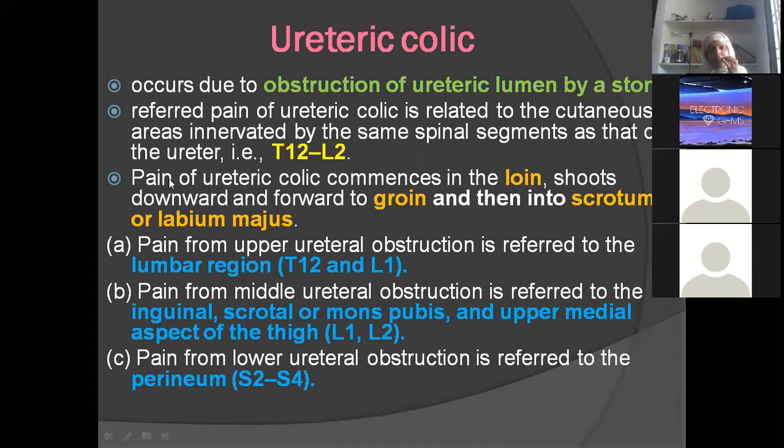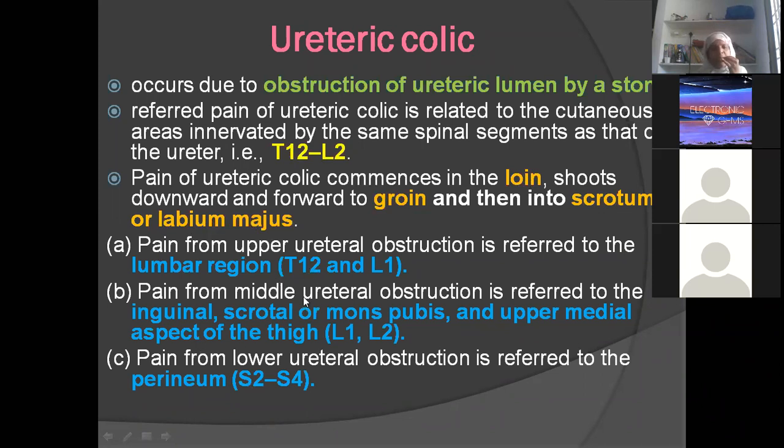These are the areas supplied by T12 to L2. So the pain of ureteric stones is felt in the loin, groin, in males in the scrotal sacs, and in females in the labia majora, the external genitalia. So this is all referred pain.